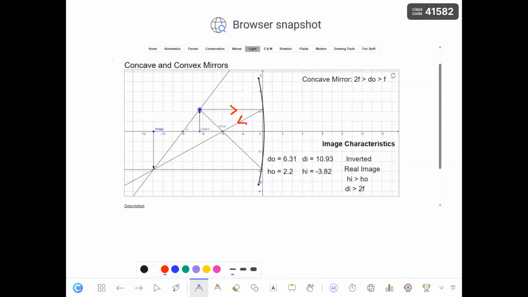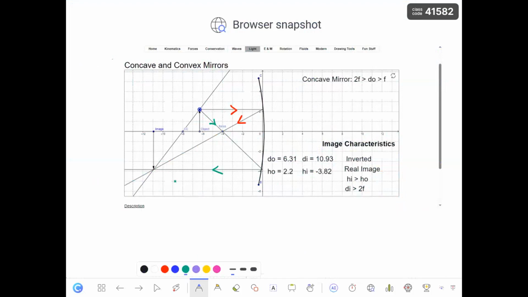See, incident light parallel, the reflected passes through the focal point. What was rule number 2? If the incident light passes through the focal point, the reflected light will be parallel. You see these two intersect. We are done. The point where the reflected lights intersect is the point that shows the image of your object.